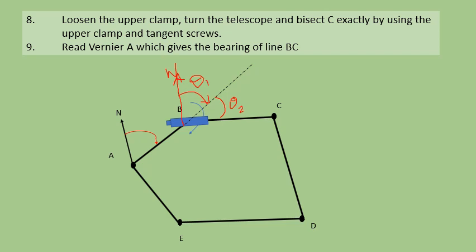Altogether, theta 1 plus theta 2 will be the reading shown in vernier A. That is nothing but the angle of line BC from the north direction, that means the bearing of line BC. So what we are getting is directly the bearing of line BC. This is the process in which we have used a transitable theodolite.